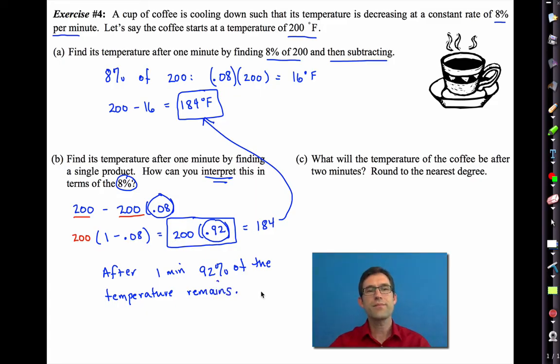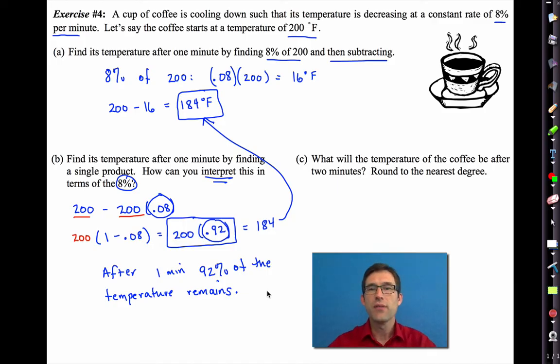All right? So 92% remains, and that's what we're always modeling. How much remains? So what is the remaining temperature? Well, if it went 8% down, then 92% remains.